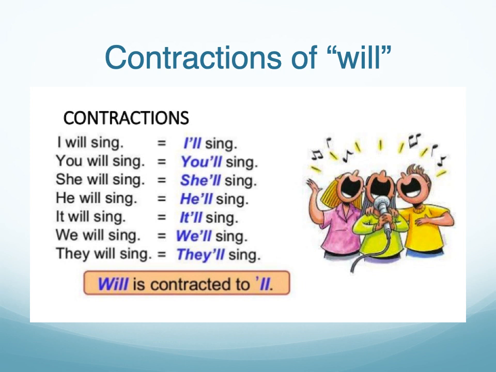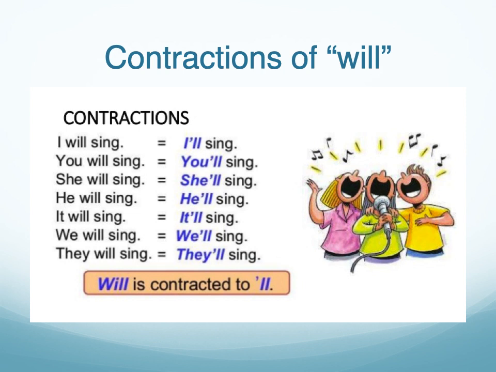Here we have some contractions of will. A contraction is just taking two words and putting them together to make one word. And we can do this with the word will and all of our subject pronouns. On the left, going down, you can see all of the subject pronouns: I, you, she, he, it, we, and they.